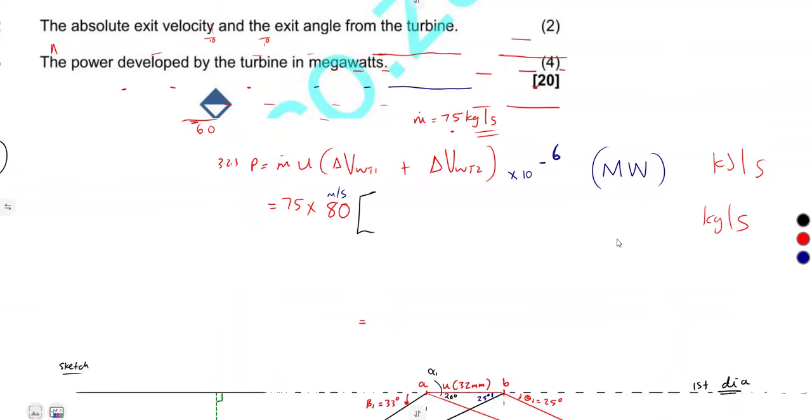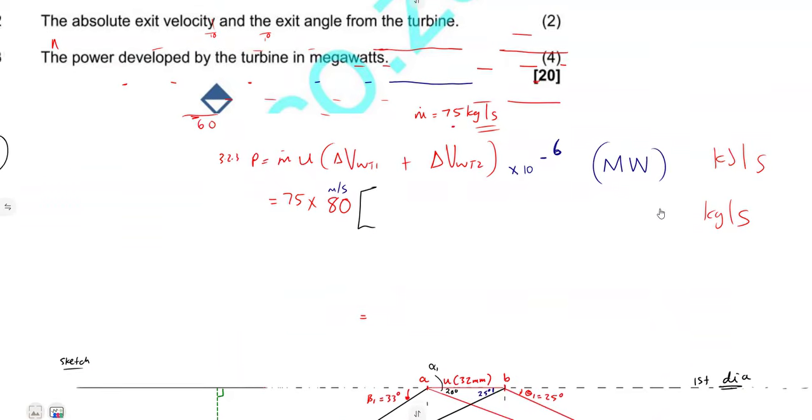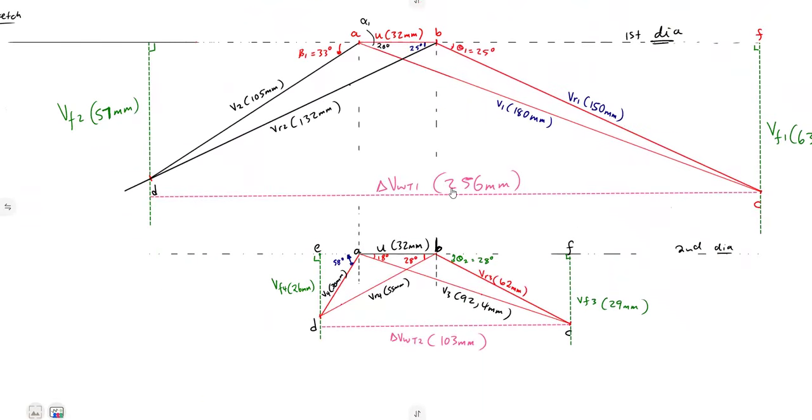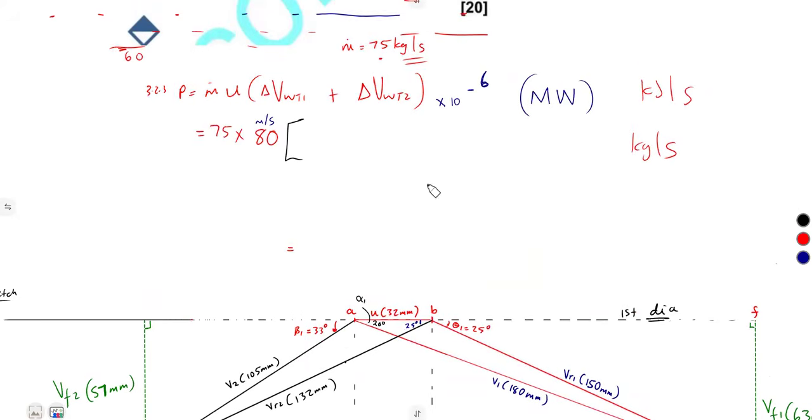So we're going to take the total wheel for the first and second. So this is it, 256 and 103 in millimeters. 256 plus 103. So multiply by the scale, because this is in what? Millimeters. So we must multiply by the scale. 1 millimeter to what? 2.5. So we multiply by 2.5, which is to convert this whole part to what? Meters per second. So that's it.